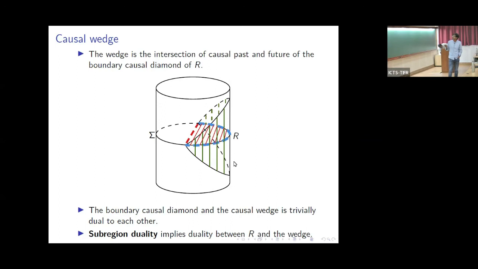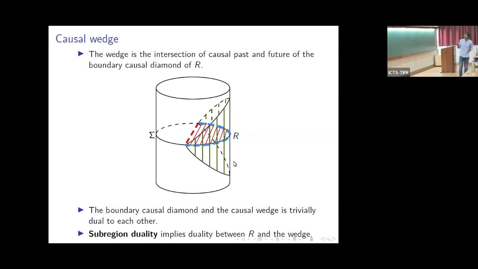And now here this wedge is this vertical green line. So these are some boundary causal diamond of this R. And if you take the intersection of this causal past and causal future inside the bulk, you get this causal wedge. So this is a simple thing to study first.